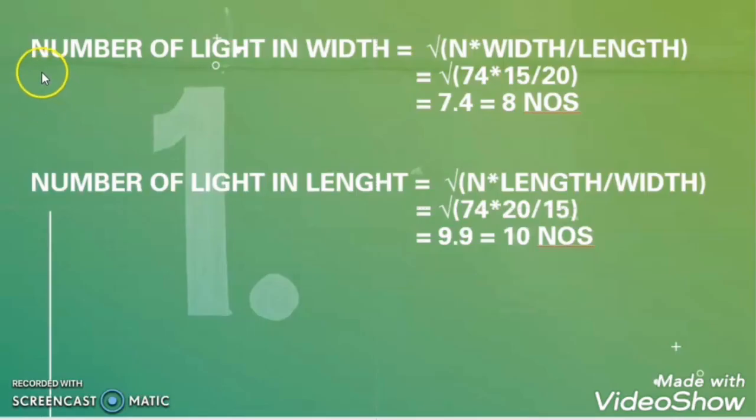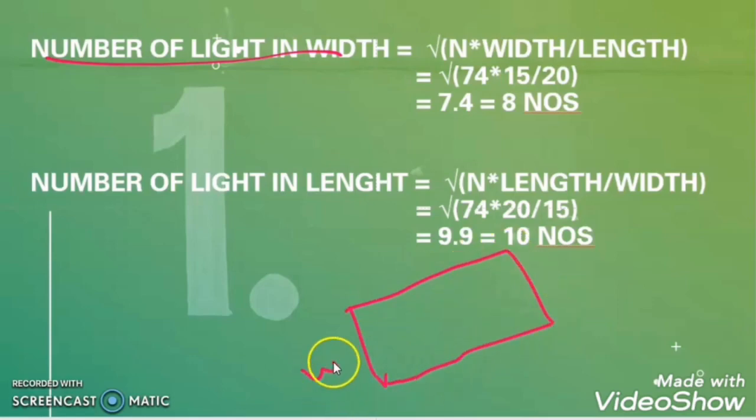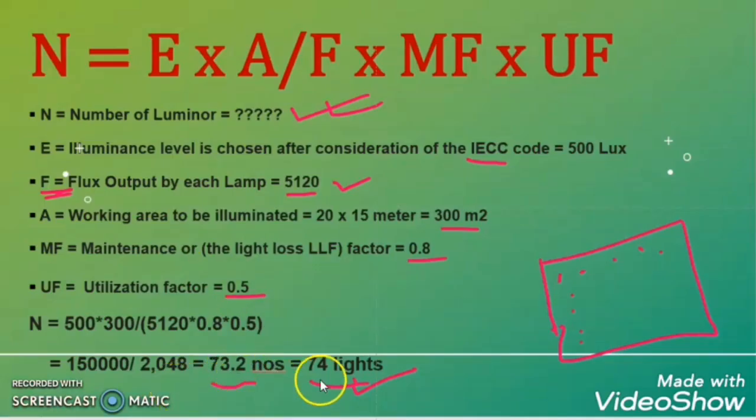There is a simple formula to calculate the number of lights in width: under root n into width of the room divided by length of the room, where n is the total number of lights. The width of the room is 20 meter and the length is 15 meter, and we calculated the total number of lights as 74.